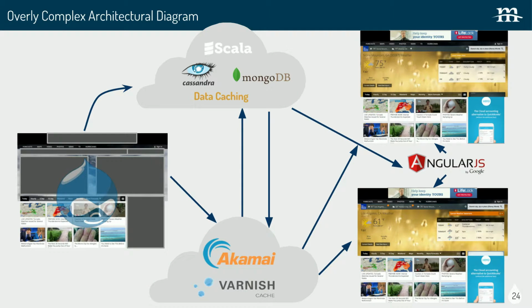So here's the overly complex architectural diagram that I'm not going to go fully into, but the part I would draw your attention to, and this is the progressively decoupled model, is that Drupal is still serving the wrapper of the page, the head, and the layout itself, and also the most heavily cached pieces like the articles that are going to be the same regardless of where you are.